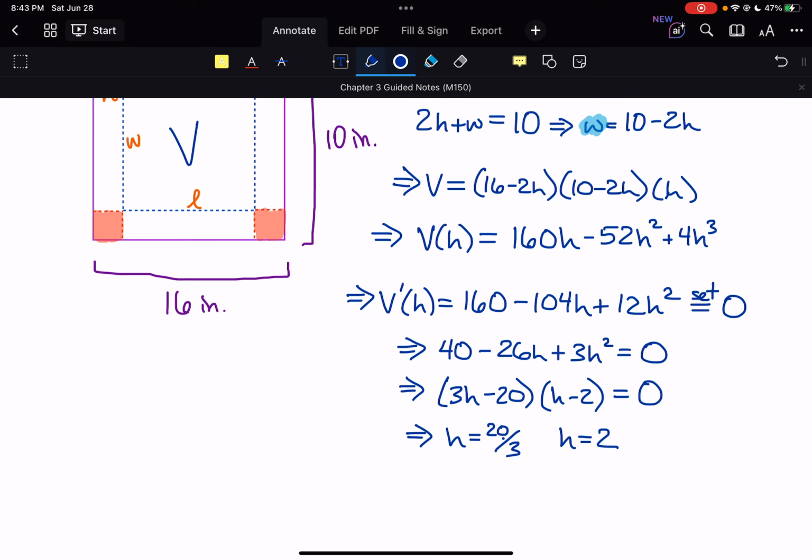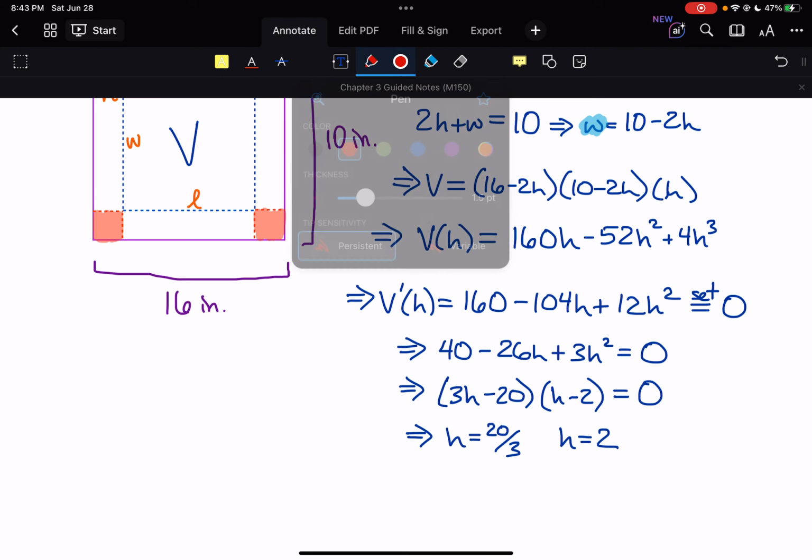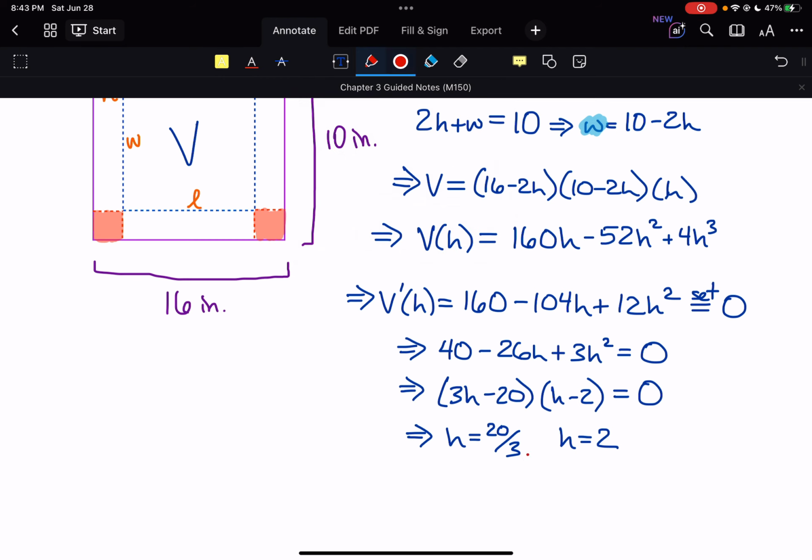This value of 20 over 3, if you do the division, is approximately 6.67, right? 6 2/3 is that value.